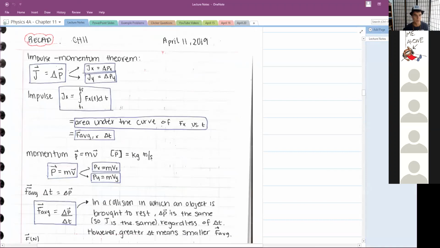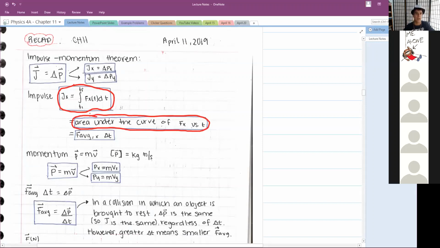And it says the following. One, impulse is the integral of F dt, and the impulse in the x direction is the integral of Fx dt. Impulse in the y direction is the integral of Fy dt. Since this is just the integral of F dt, the impulse is really just equal to the area under the curve of force versus time.